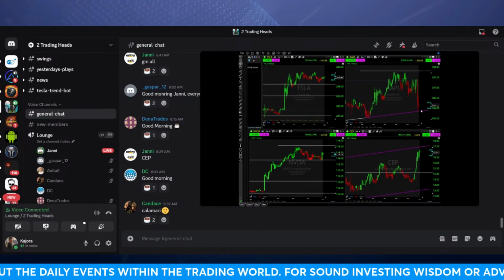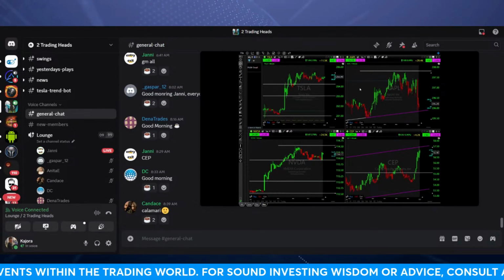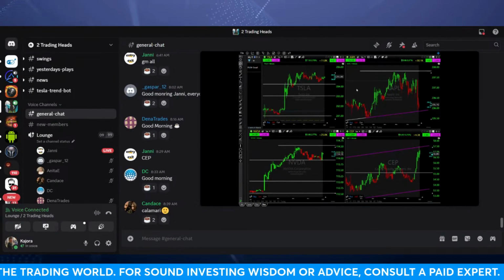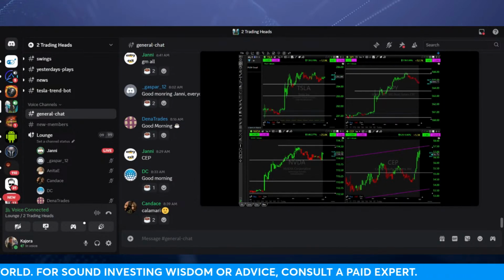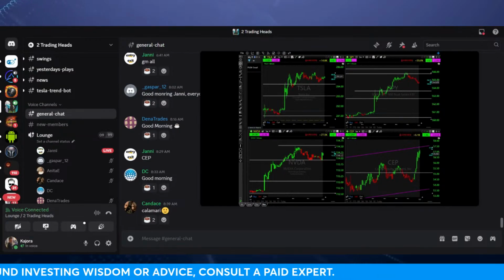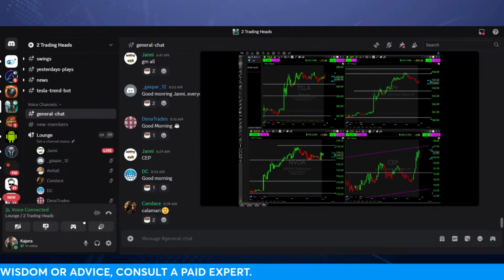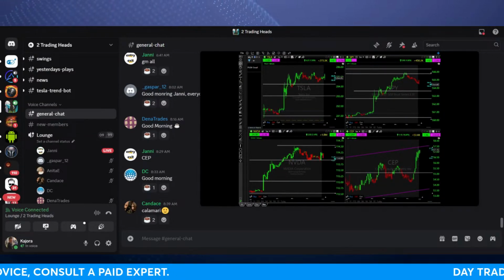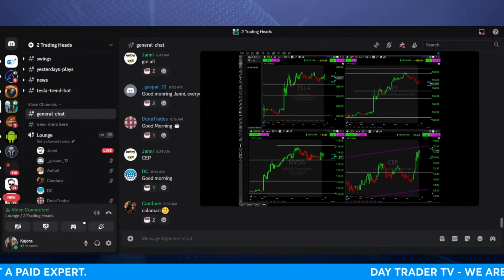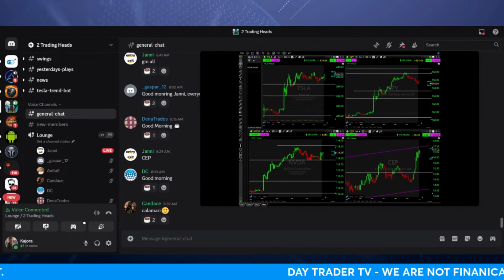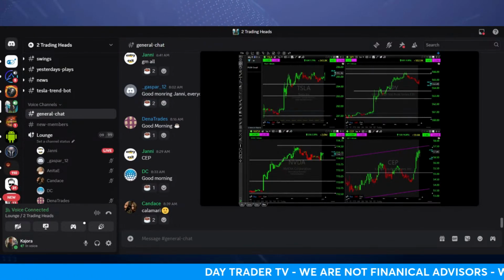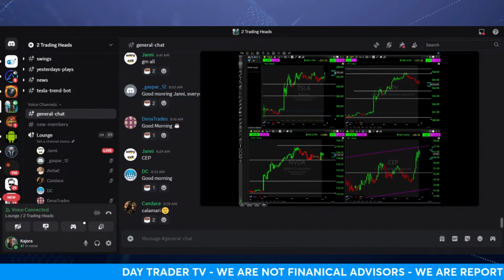Apple coming down to the support trend line here on Apple. Here we go. Out, Apple short, 95%.